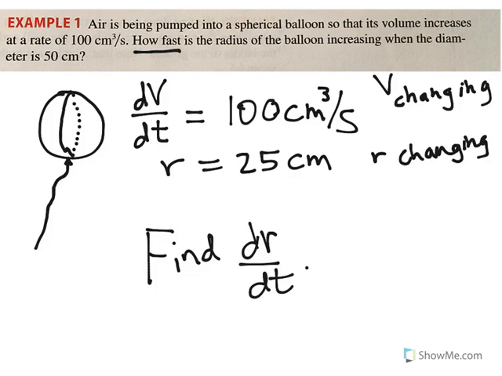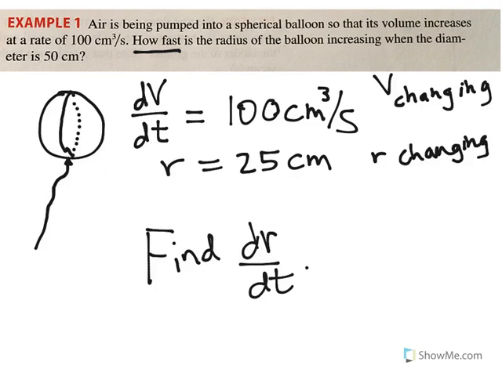As you put more air in, the balloon is getting bigger, the radius is expanding, the volume is increasing, and so you should expect that dr/dt is not only changing, but since the other two values are both increasing, you should expect the radius to be increasing.